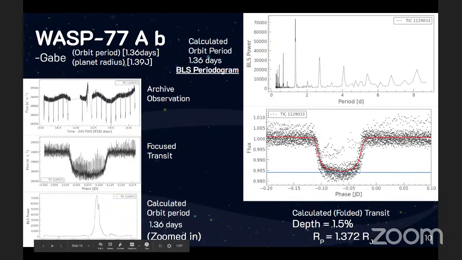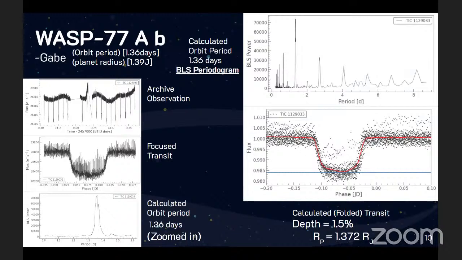So this is another exoplanet I did called WASP 77AB, and it's pretty much the same. You take the original observation, zoom in on a transit, use the BLS formula to get its best match to find its period and depth, and then you take those calculated period and depth and make your own scatter plot.